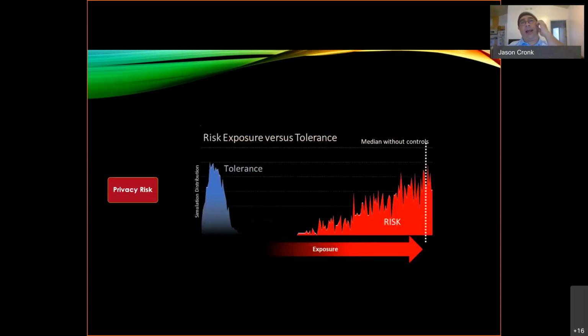Now, like I said, one of the potential items here is to measure risk and compare it to your organization's tolerance. The variance in the curve represents the different simulations. I will tell you, the more simulations that you do, the curve tends to smooth out.